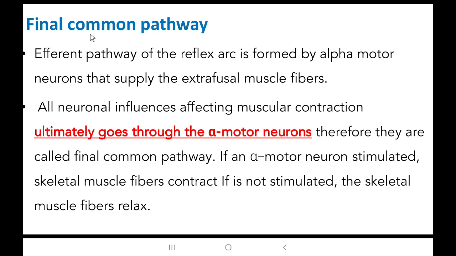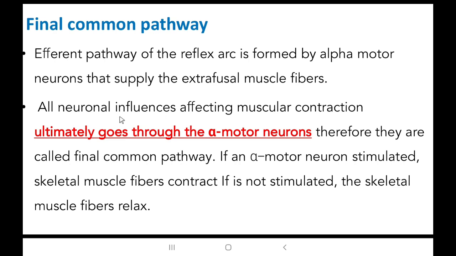Next property, final common pathway. I have explained one-way conduction, the Bell-Magendie law, in which you just remember the efferent pathway. The efferent pathway of the reflex arc is formed by alpha motor neurons. Alpha motor neurons supply the extrafusal muscle fibers of skeletal muscle.